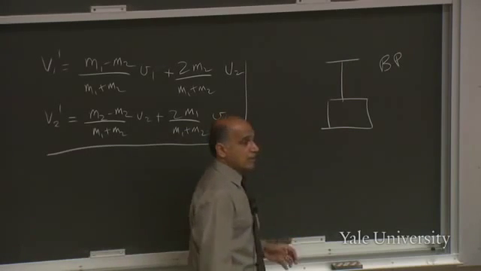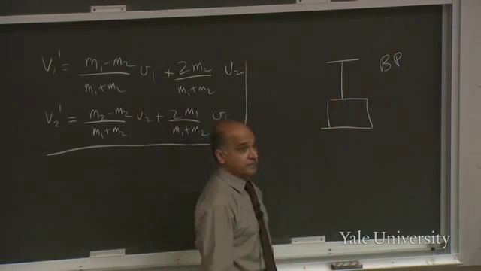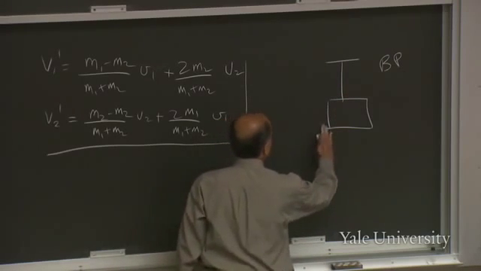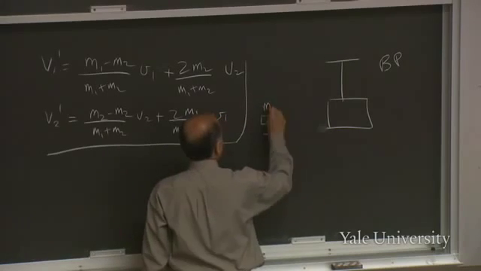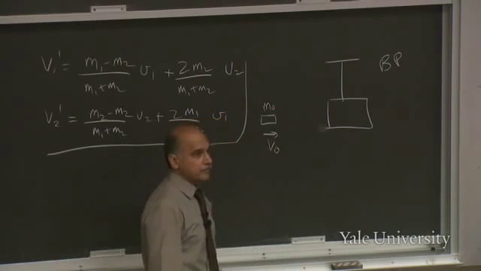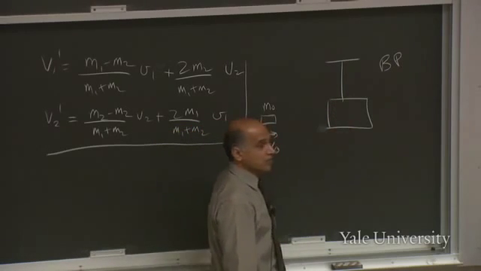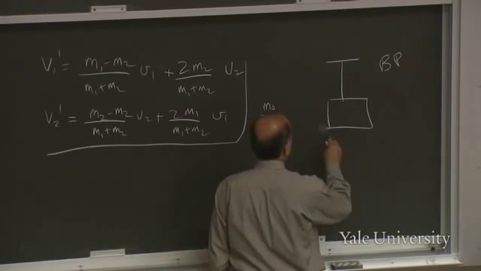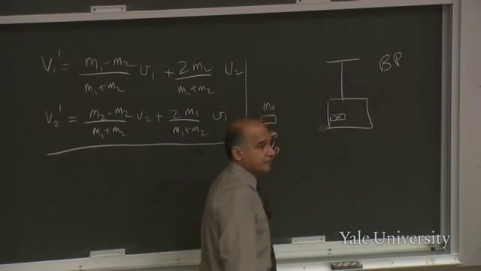In the old days, this is the trick people had. You hang a chunk of wood from the ceiling, and then you fire the bullet with some speed v0, and you know its mass exactly. The bullet comes, rams into this chunk. I cannot draw one more picture, so imagine now the bullet is embedded in this.